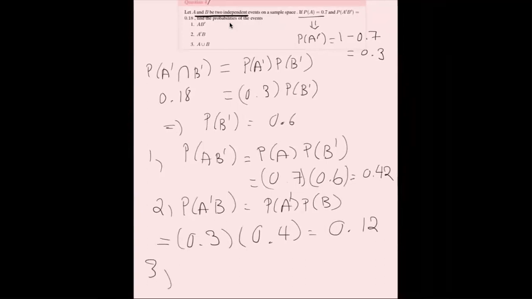The last part, we can see that we want to calculate probability of A union B. And we are having probability of A complement intersect with B complement. And by De Morgan law, you have it is A union B complement.